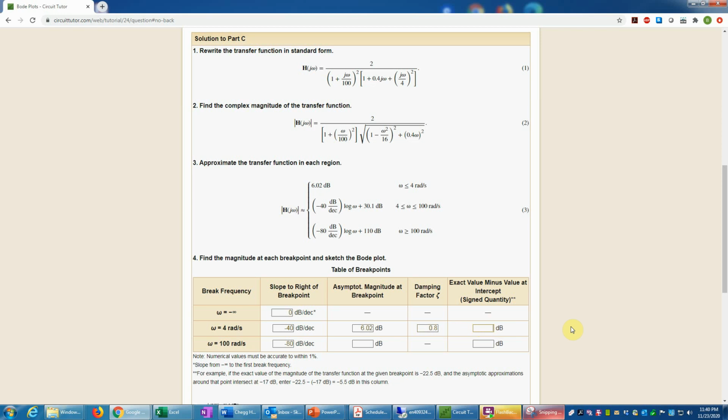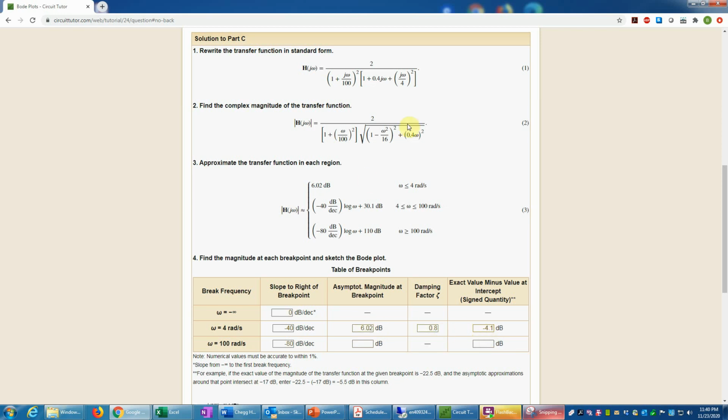And so that gives me 4. So the exact value minus the value intercept is going to be a negative 4.1 roughly dBs. And again, that comes from using the formula negative 20 times the log of 2 zeta decibels.